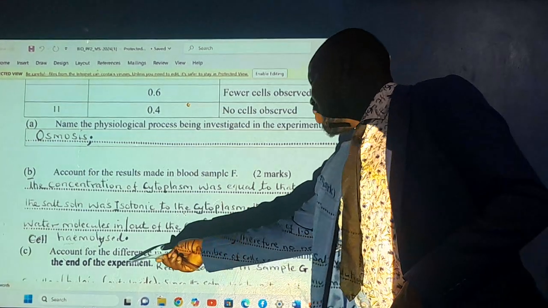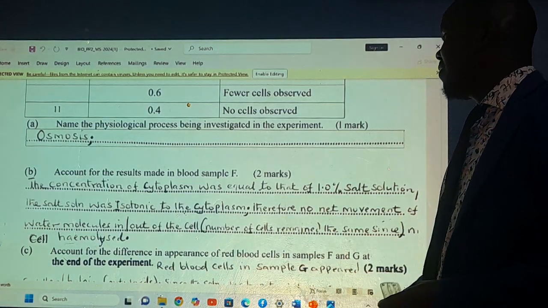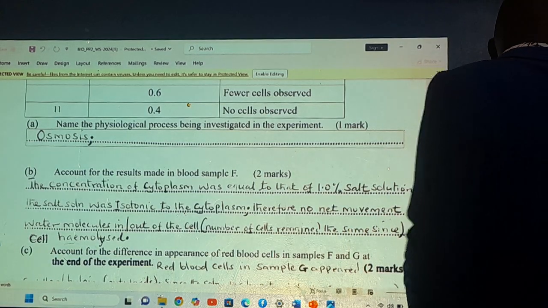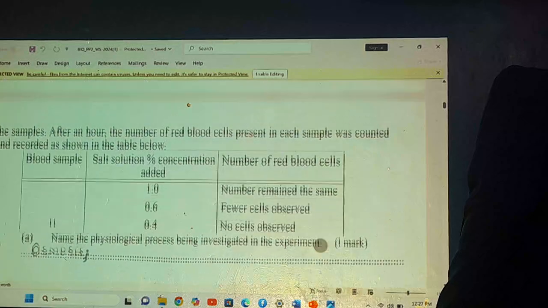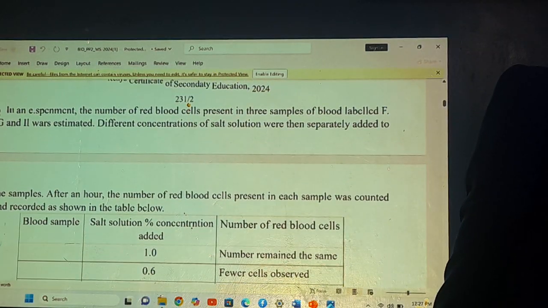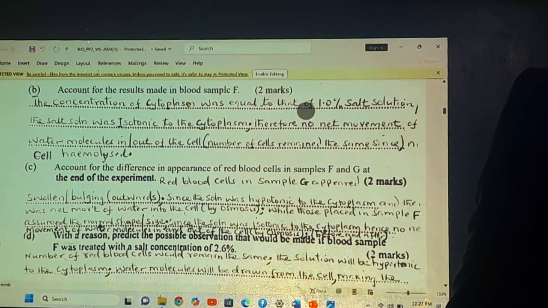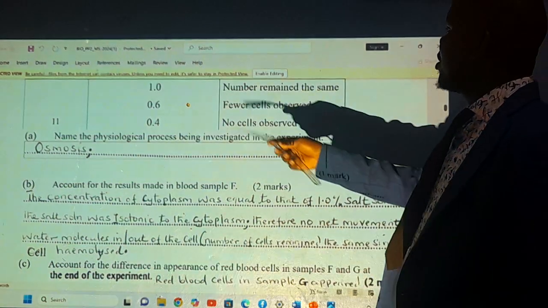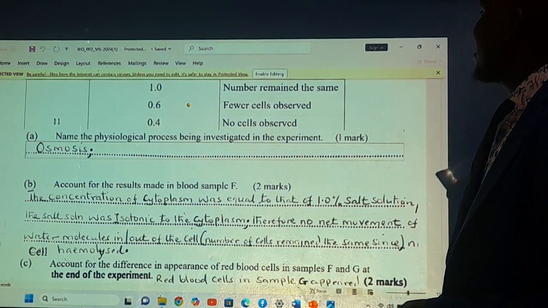Account for the difference in red blood cells in F and G at the end of the experiment. So we're speaking about F. In an experiment, red blood cells in 3 samples, F, G, and H. F is the first one, and you can check the first one, we have 1.0, and the number of the red blood cells remained the same.